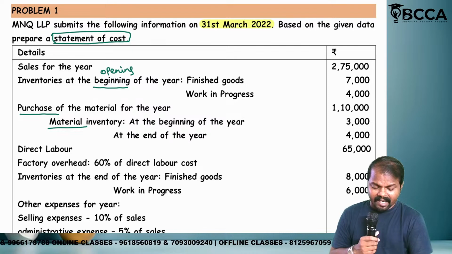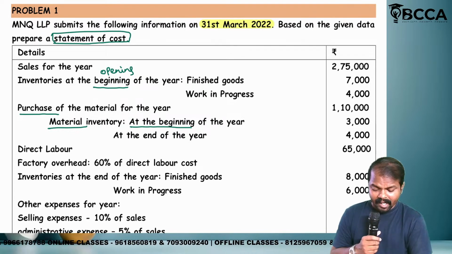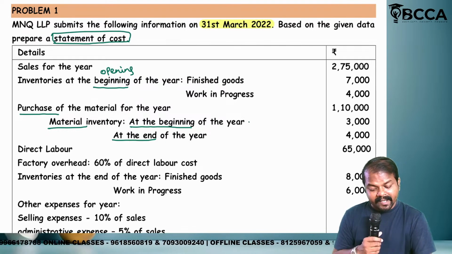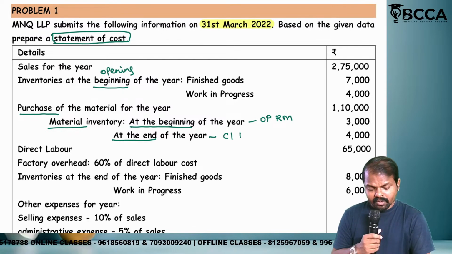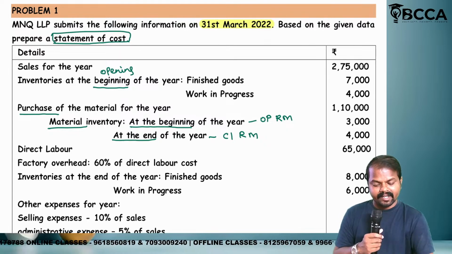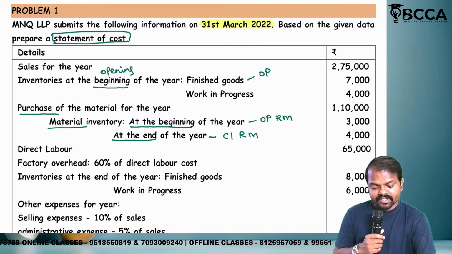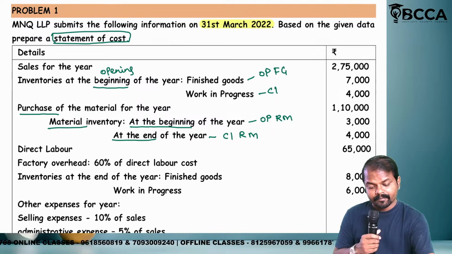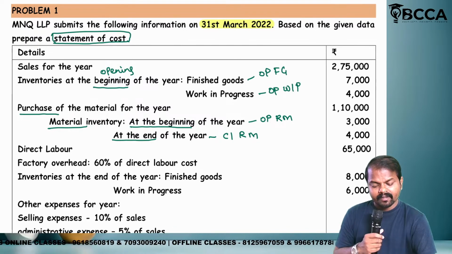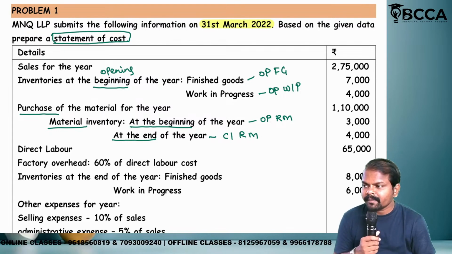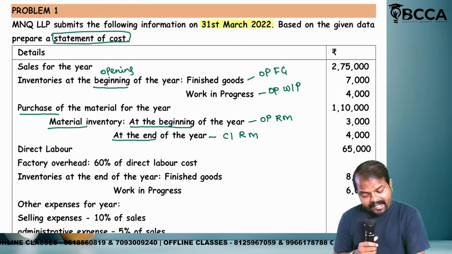Material inventory at beginning and at ending means opening stock of raw material and closing stock of raw material. Finished goods: opening stock, closing stock. Work in progress: opening stock. Correct, my dear?